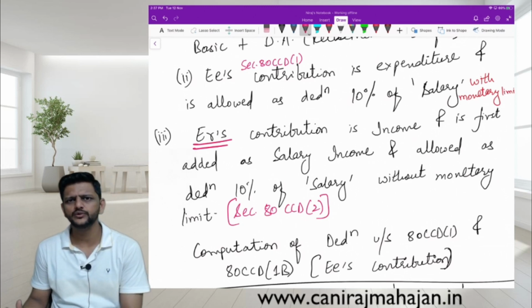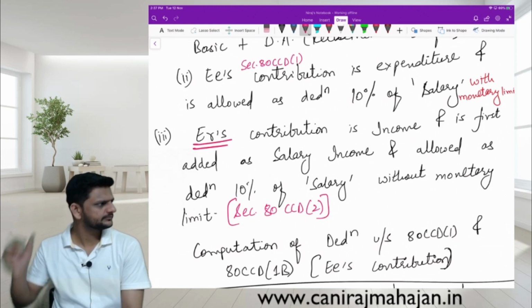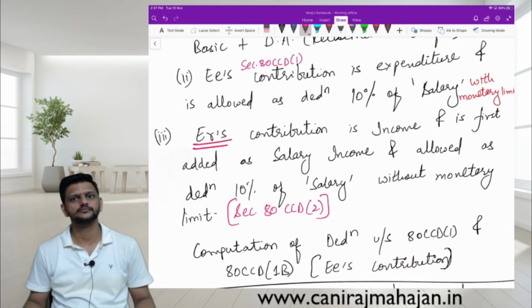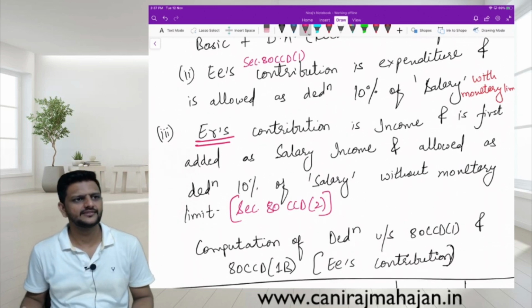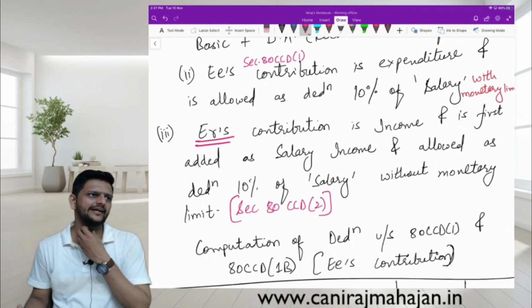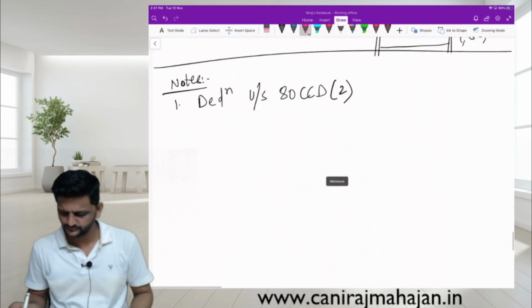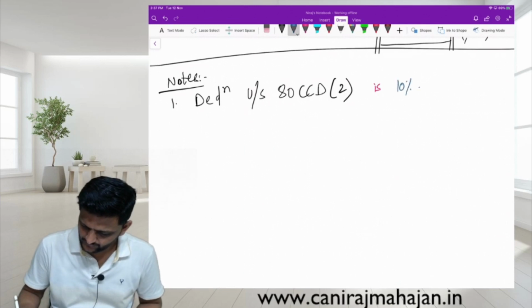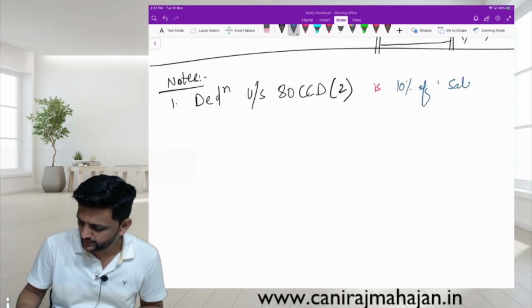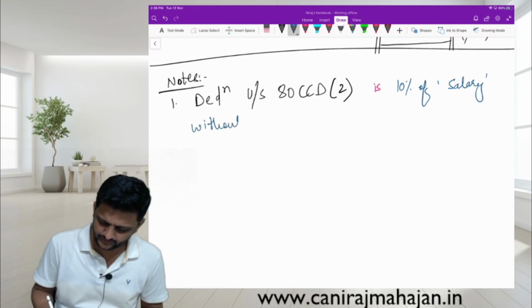80CCD(1) is 1, 80CCD(2) is 2. It is 10% of salary but without a monetary limit.